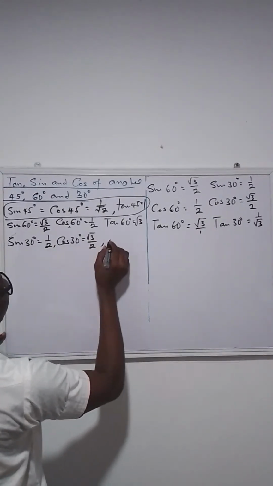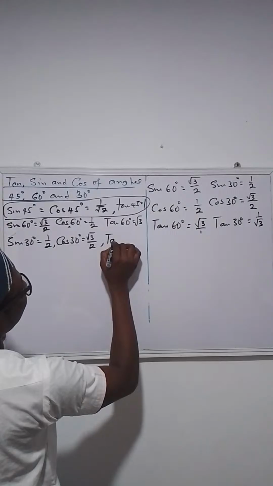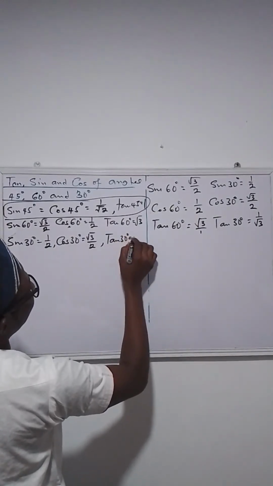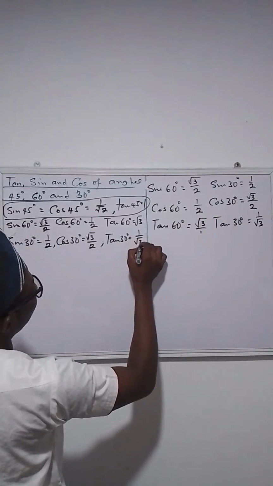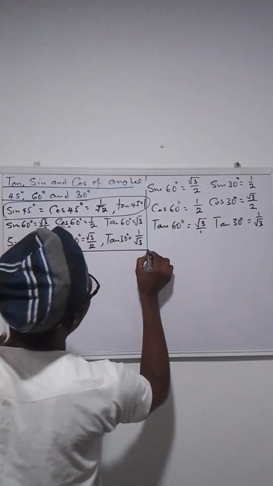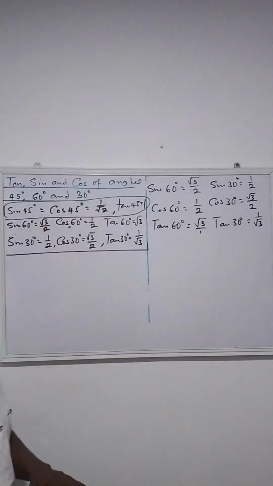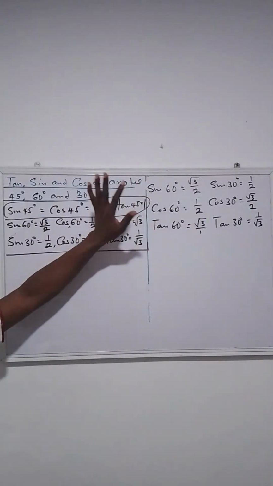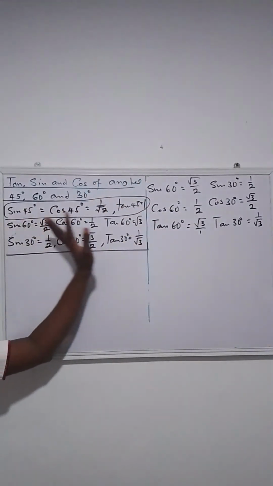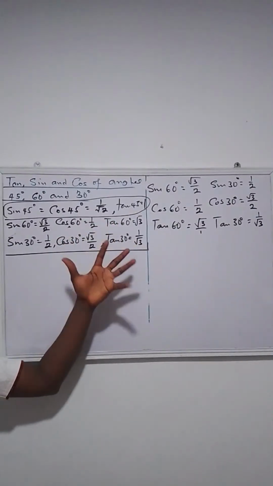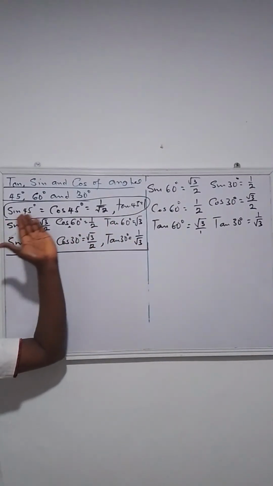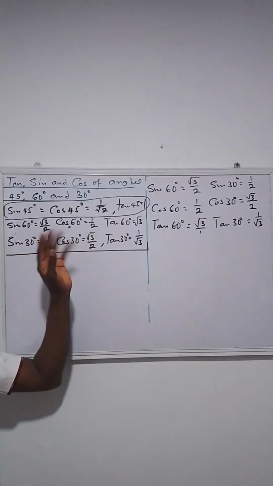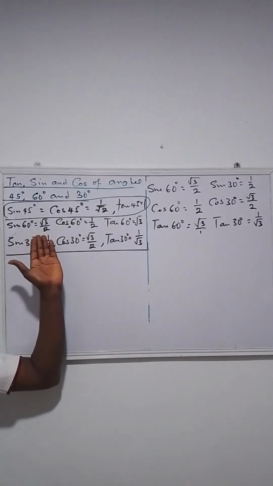And tan 30 degrees equals 1 over square root of 3. Okay. Now you have to put this somewhere in your notes, and you try as much as possible to master this, because when a question is given and we have a special angle, you're expected to be able to recall this.